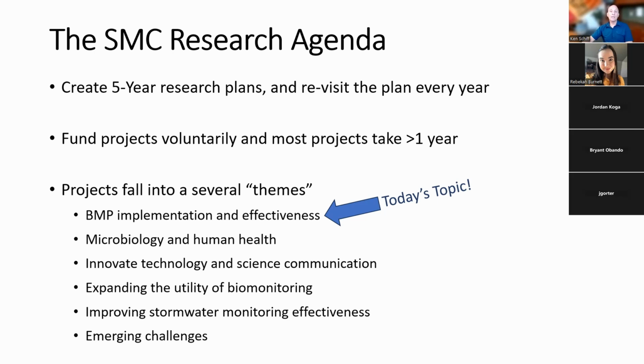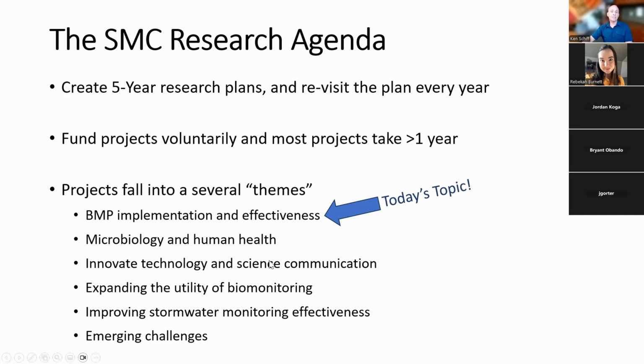Then they fund these projects voluntarily. If you don't have a good project, it won't get funded. It's that simple. Most projects take more than a year, so they do have some long-term vision, and they're trying to tackle problems that might be 2, 3, 5, even 10 years into the future. So it's a very proactive group.